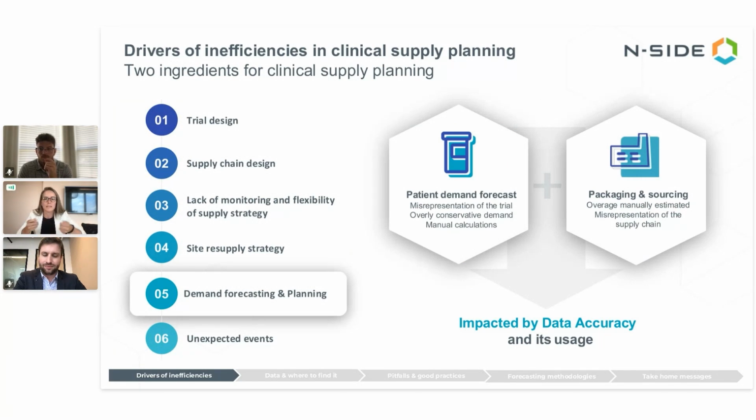So all of these different types have an impact indeed on the forecast, and you will see that the keyword here will be data accuracy and the way we use it. So you will see we want to give some examples of ways to use the same assumptions, making sure that you are following the most efficient approach so that you can have accurate forecast in the end.